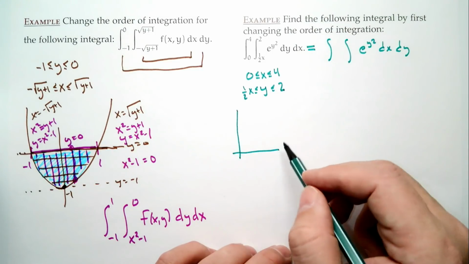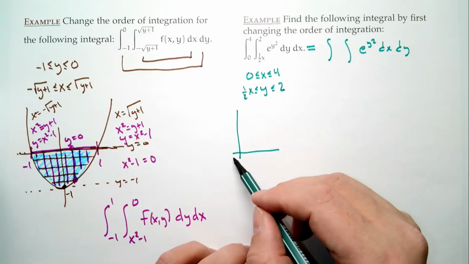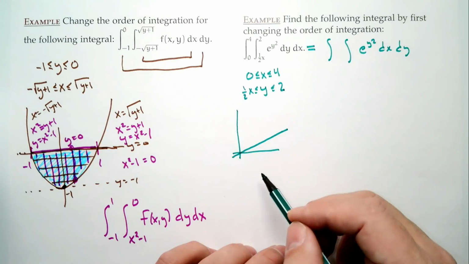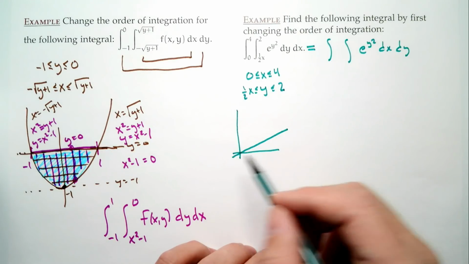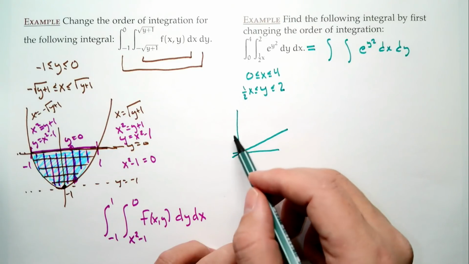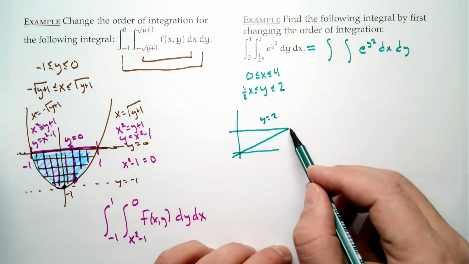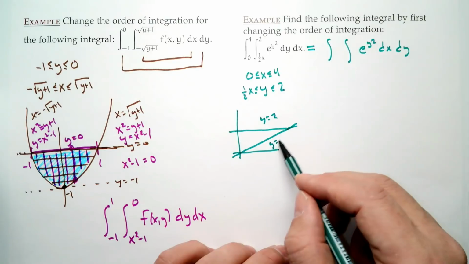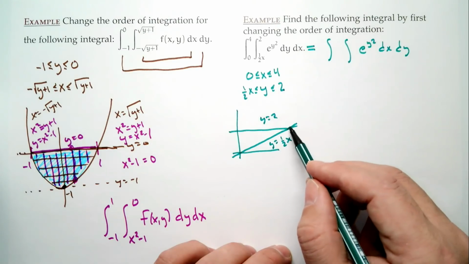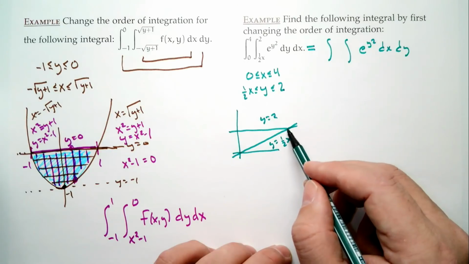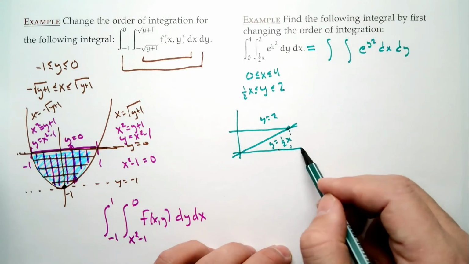So y equals a half x is a line with a very slow slope of a half. Y equals 2 looks like that. So here's y equals 2. Y equals a half x. And they happen to intersect very conveniently at 4.